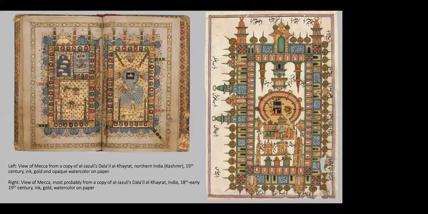Schematic flattened renderings of the Kaaba featured in the lush, gilt illuminated manuscripts of a text that widely circulated through the Muslim world, called the Dalail al-Khairat, by a 15th century Moroccan Sufi named al-Jazuli.